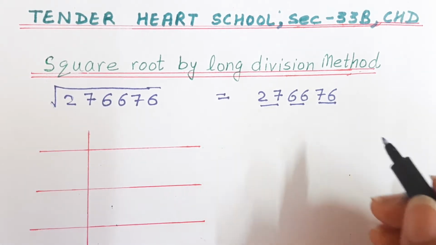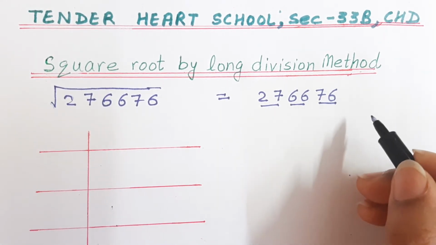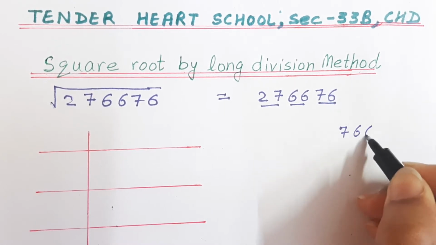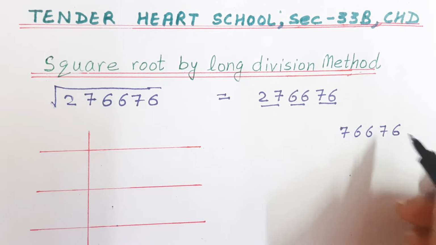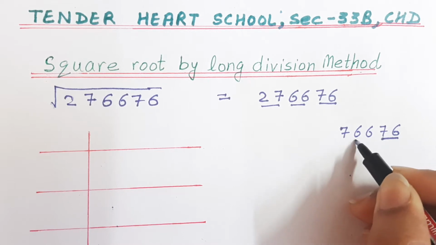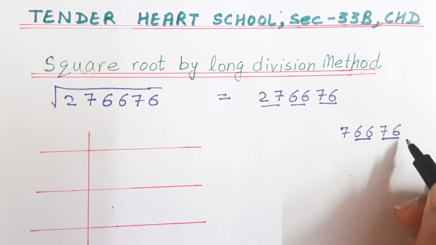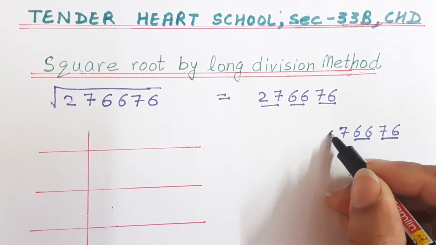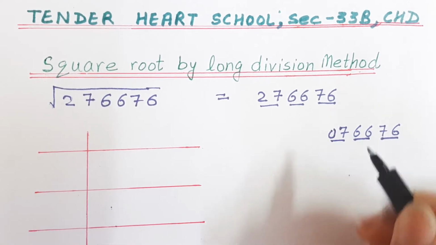Suppose the number of digits is odd, suppose the number is 76676. In that case, as per the rule, we have to make the pairs from right to left. So in this case, 7 you can say is 07, right?